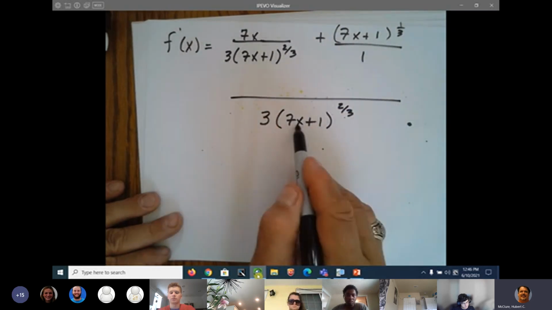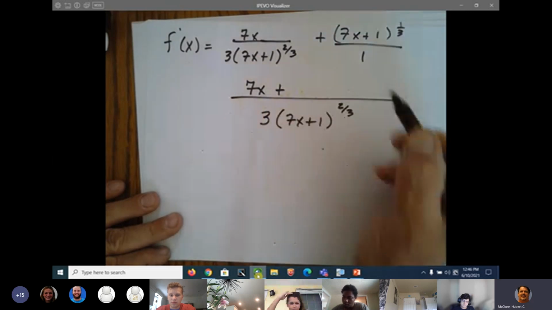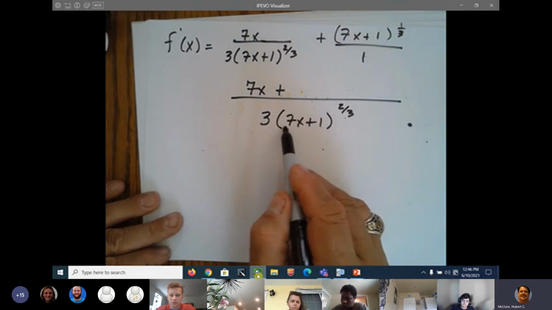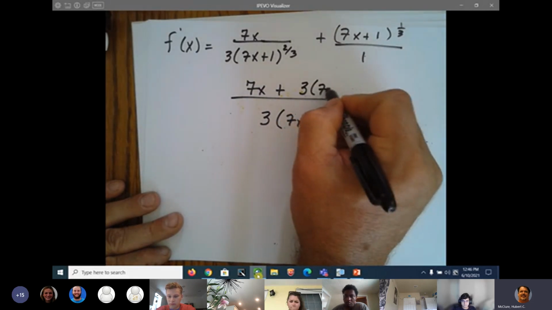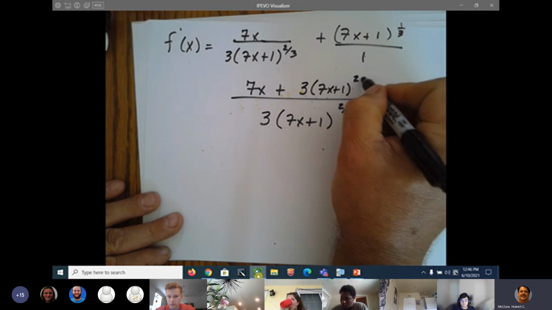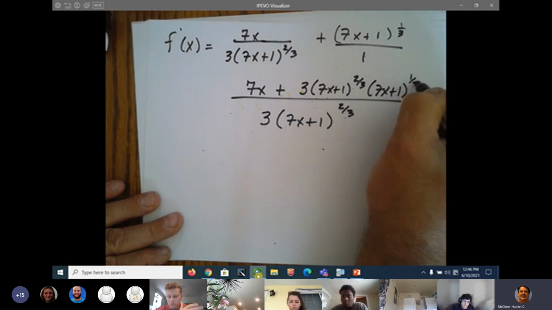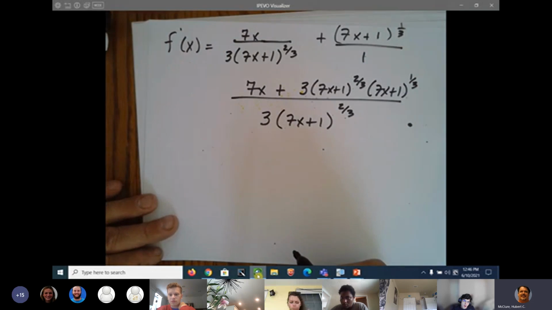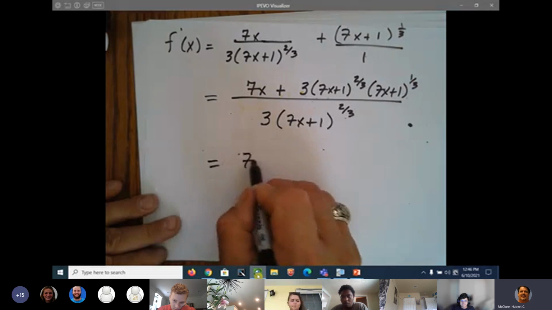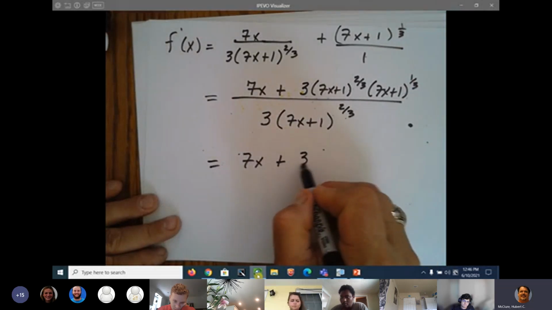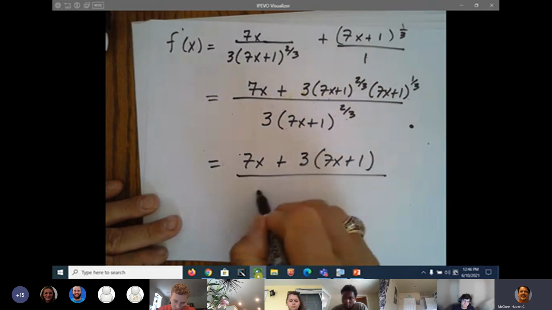And this will go into this. 1 times 7 is 7x. And this will go into this, 3 times this. So that's going to be 3 times 7x plus 1 to the 2/3 times 7x plus 1 to the 1/3. I'm converting the numerator. And that's going to be 7x plus 3 times 7x plus 1 over all that trash.